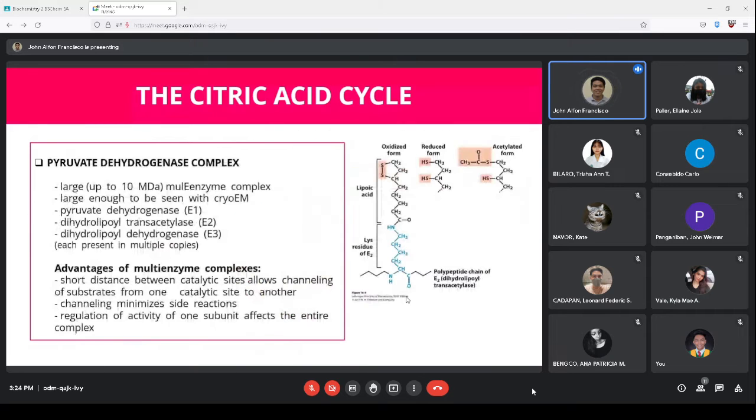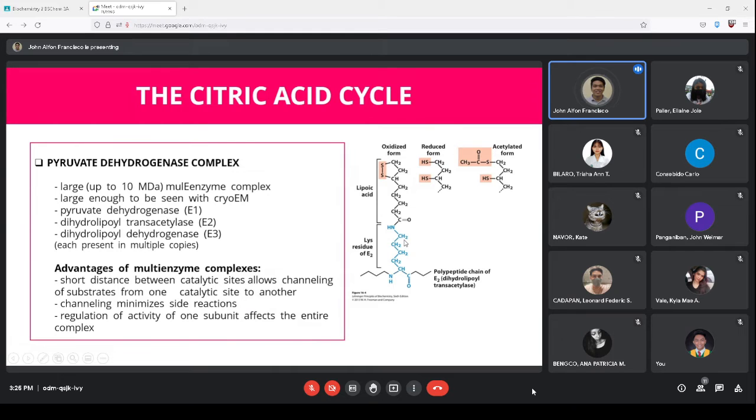Alright. Yung pyruvate mo. So, this is a component ng pyruvate dehydrogenase complex para lang makapag-produce ka nga nung acetyl-CoA. So, i-edit ko na lang siya later before sending it to you. And, sayang natanggal siya. Okay?